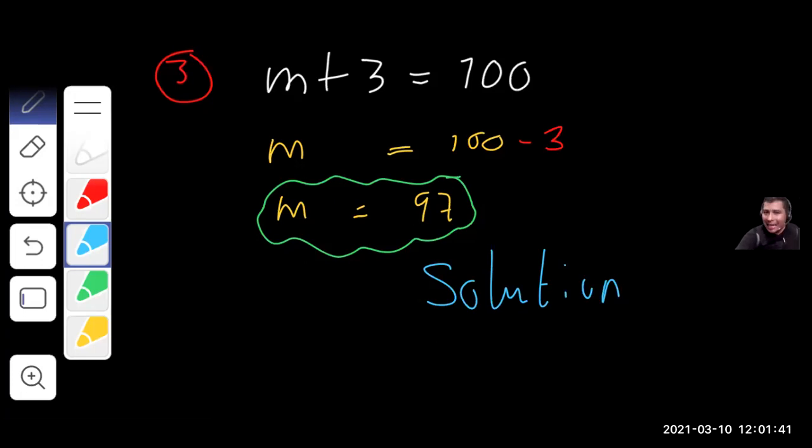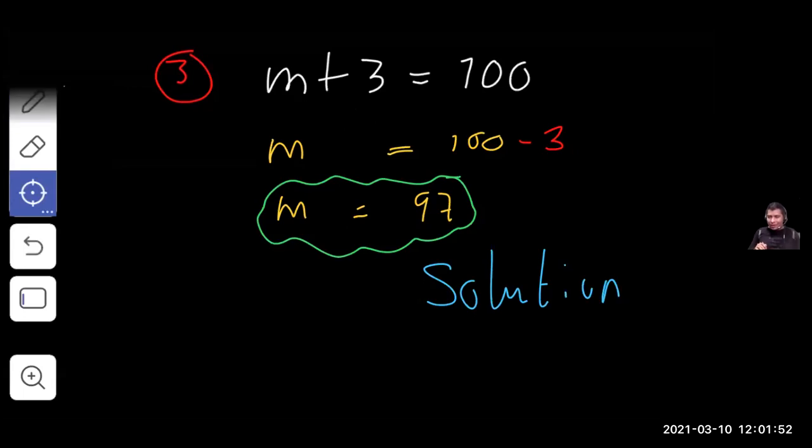But you're going to get negative 97, and negative 97 is not equal to positive 97. I got what you're trying to say, but you shouldn't be bothering the 100 because the 100 is not bothering you. The one that is bothering you is this 3. You're positive, so I'm going to change you. You're going to be negative then.